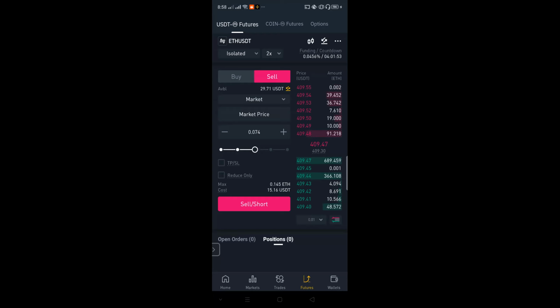That's what it means. Instead of you losing $20 because you use 2x, you are going to lose $100 because you are picking a higher leverage.